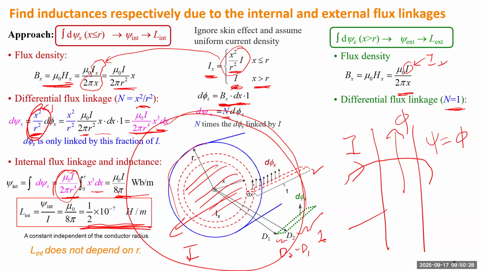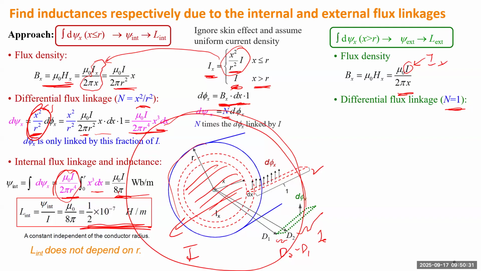That's inside, which means we have to go to the inside of this conductor. So this is total current I. But the flux is not outside the conductor, it's actually inside the conductor. This is phi. But because we study a circular path, that circular path will only include part of I, not completely I. So N is not even 1, N is less than 1.